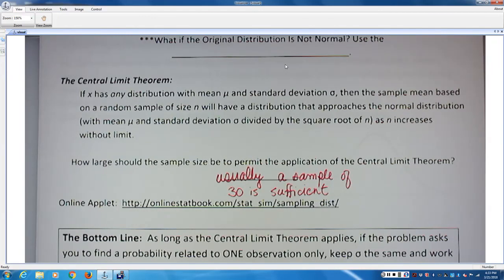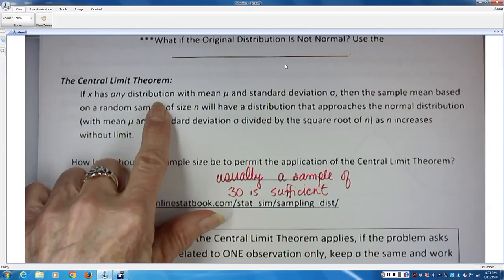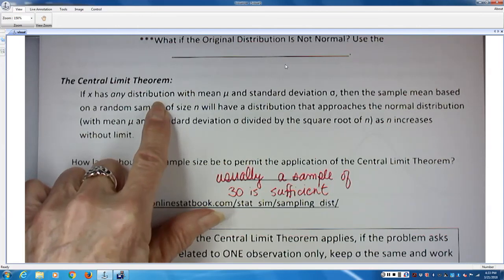Okay? But that doesn't mean if you've got 29, you can't do the problem. But usually a sample of 30 is sufficient. It can be as small as a sample of 2 if your original population was normally distributed. But this one isn't making the limitation that it has to be normally distributed. This says with any distribution.